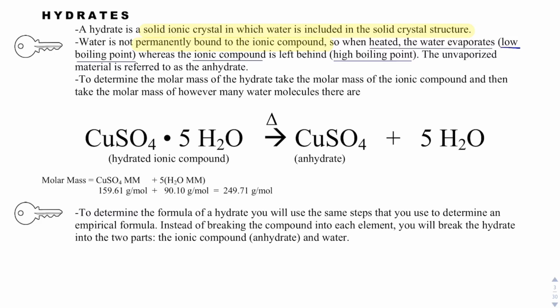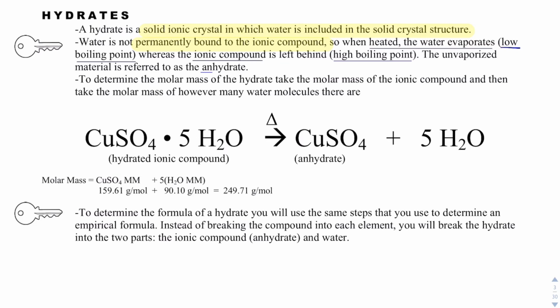And so what we get is if we heat a hydrate, the water will evaporate, and what will be left is the stuff that we didn't get hot enough to actually boil away or to evaporate, and so that's called the anhydrate. The prefix a or an means not. So that is not the hydrate, or without water.